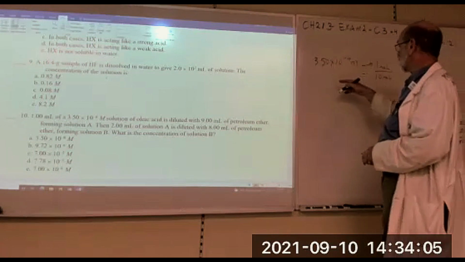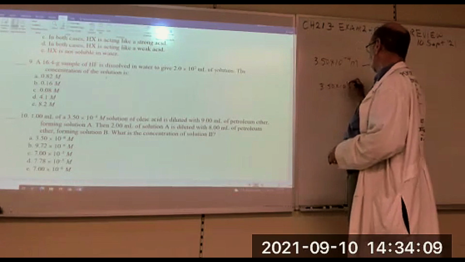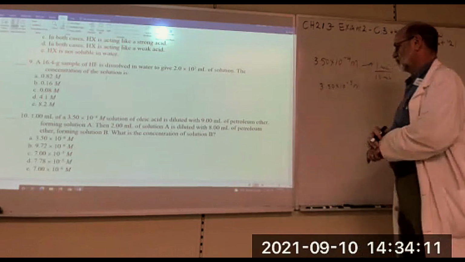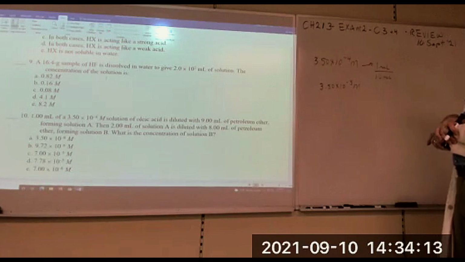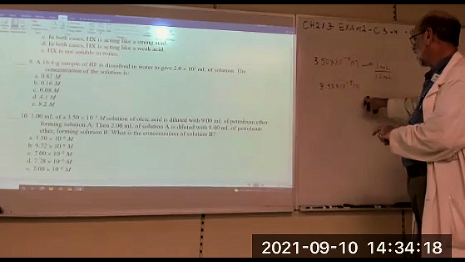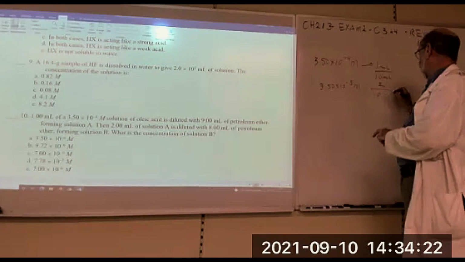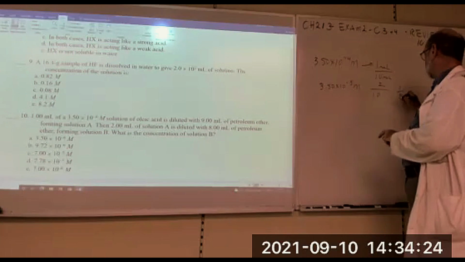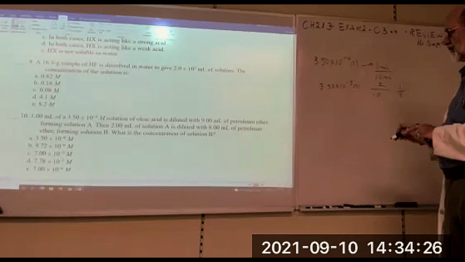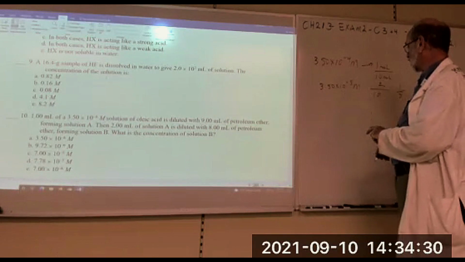So now the concentration is going to be 3.50 times 10 to the minus 5th molar. Then you take 2 milliliters of this new solution and dilute it with 8. So the dilution factor now is 2 to 10 or 1 to 5. So 1/5 of this will give you the new concentration.